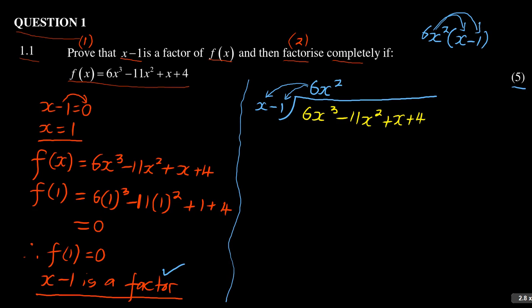So when we are multiplying backwards, it is what we are actually doing. So now let's multiply 6x squared by x. We're going to get 6x cubed. And the next one is 6x squared times minus 1. It is minus 6x squared.